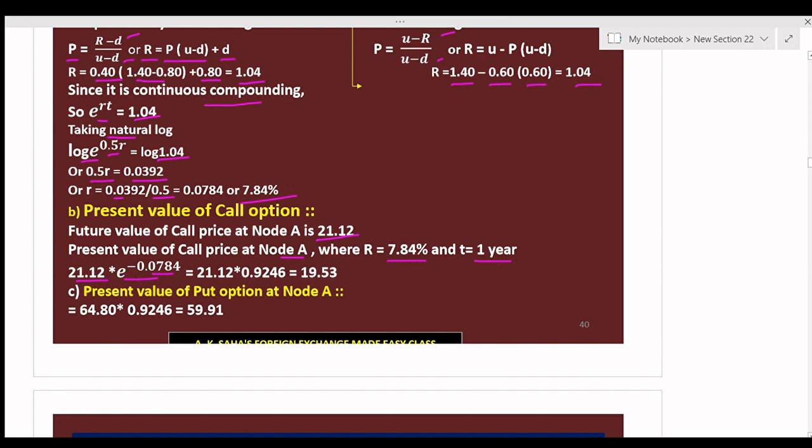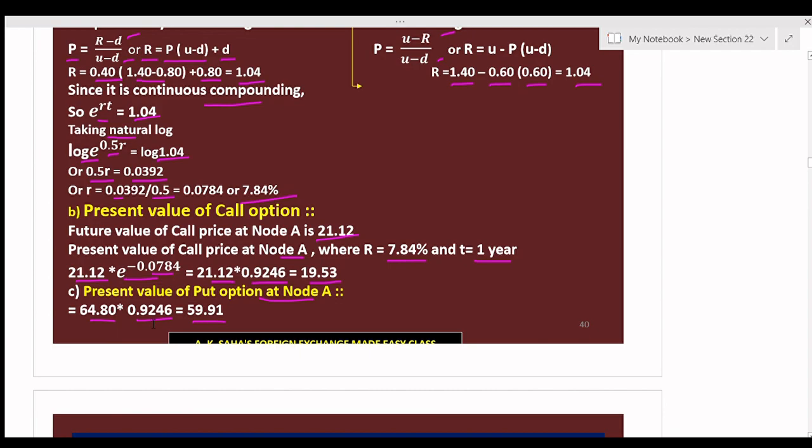That is 21.12 divided by e to the power positive 0.0784, and when you multiply it, it will be e to the power minus 0.0784. That is equal to 21.12 multiplied with 0.9246, which is 19.53. This is the present value. And similarly, the put option value will be 64.80 multiplied with 0.9246 is equal to 59.91.